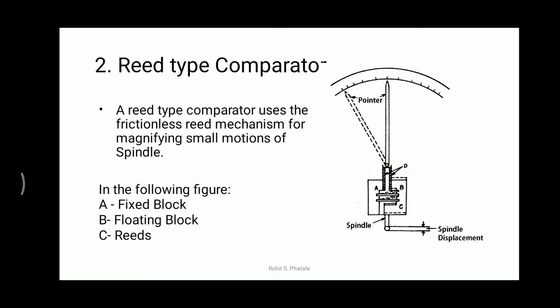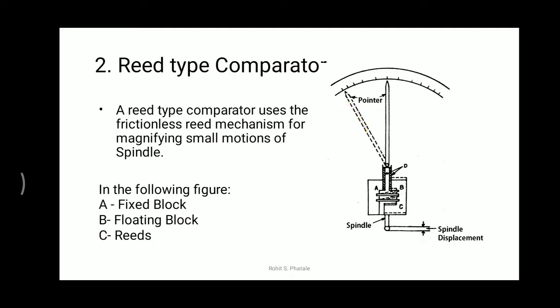The dotted lines are nothing but the second position of the spindle. As the spindle moves up and down, these dotted lines are the displacement of B and C, and because of that the pointer will get deflected to this position.